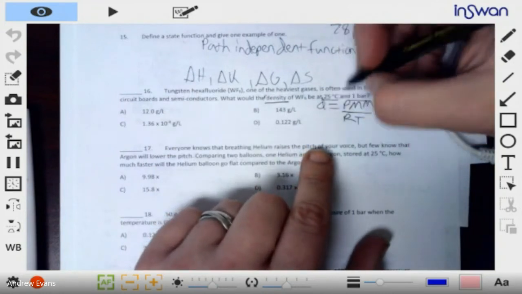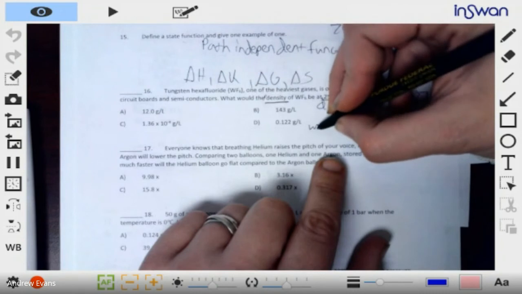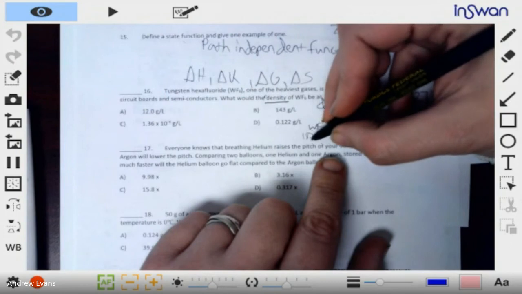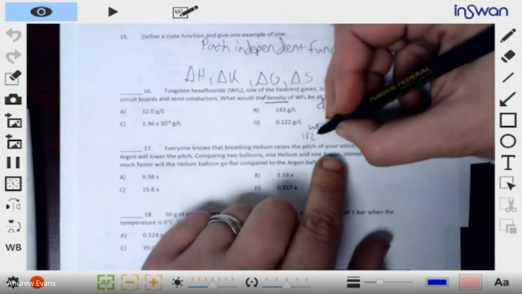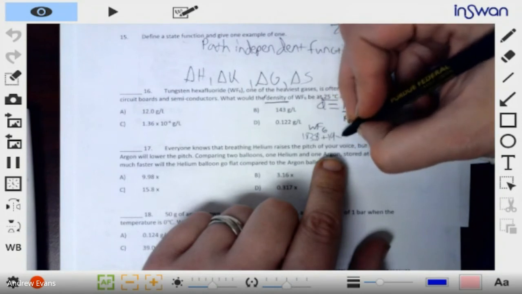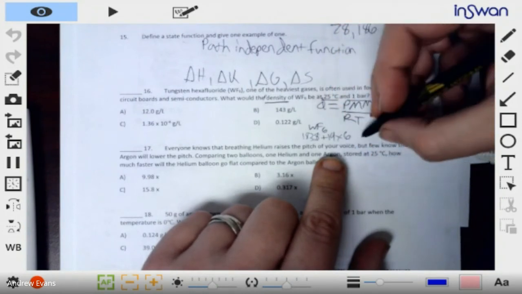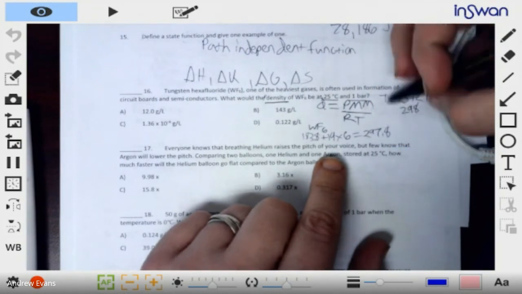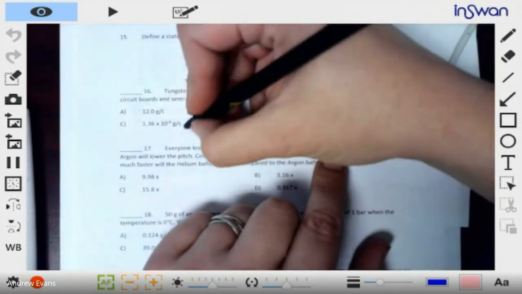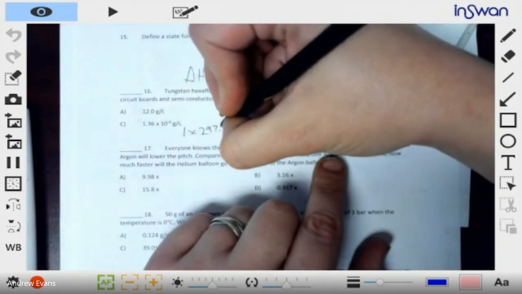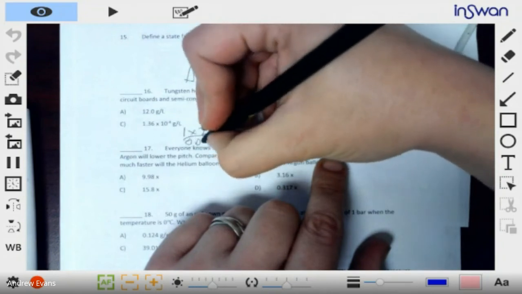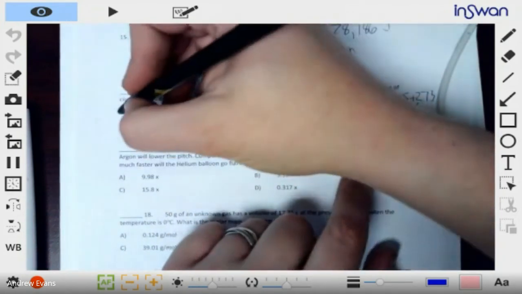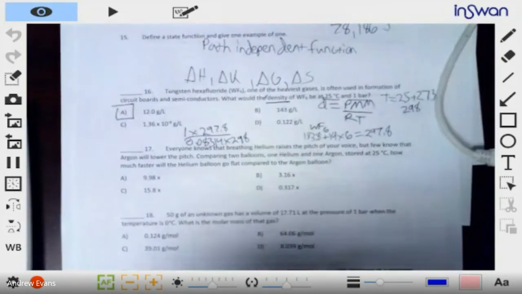The only thing we have to do is find the molar mass of tungsten hexafluoride, WF6. Tungsten is something like 183.8, and fluorine is 19 times 6. You get a molar mass of 297.8. Plugging these in, you get 1 times 297.8 divided by R divided by 298. You do this math, you get 12 grams.